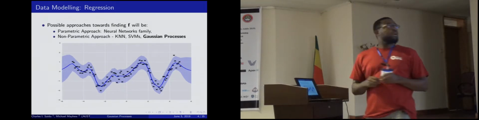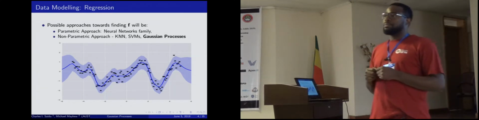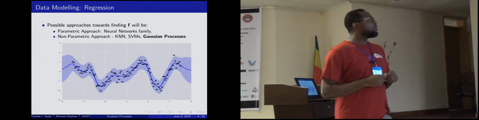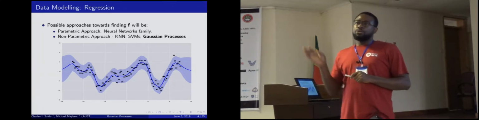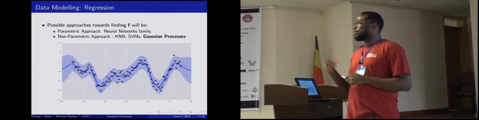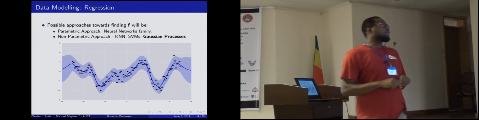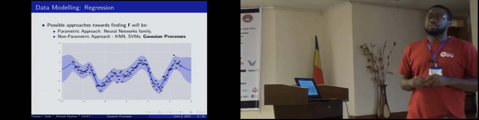Okay, so there are two possible approaches that we might want to take. We might want to go using the parametric approach, where you throw in a neural network or one of those deep learning methods. Or you can go the non-parametric route and put in maybe a Gaussian process or do KNN.